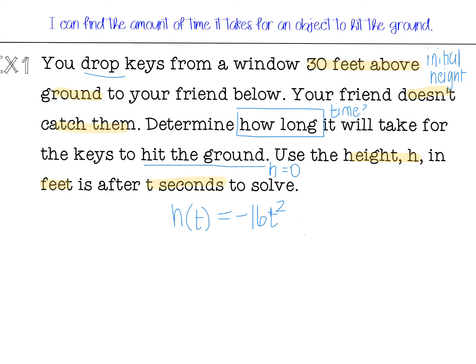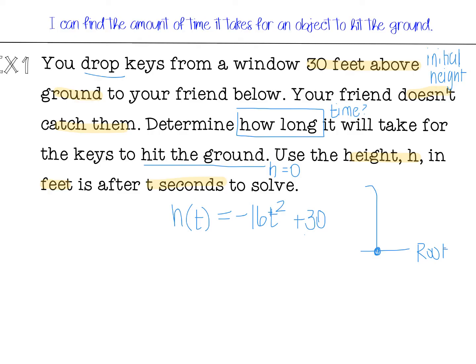So we're going to leave that. And then the initial height is plus 30. So this is my function. And so if I'm looking for how long, I'm looking for the time that it will take to hit the ground. So the keys are dropping, and I'm looking for when it hits the ground. So that's looking for the roots.